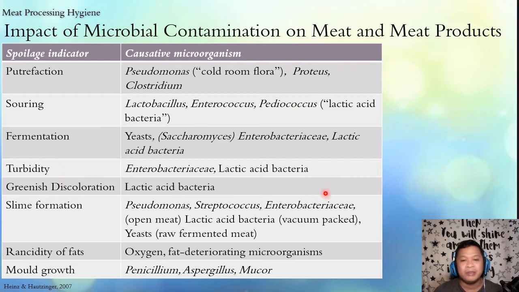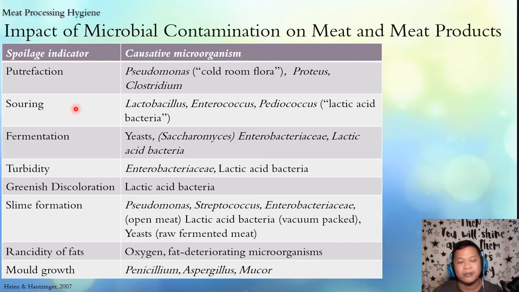Okay, so looking at the microorganisms responsible for most of these spoilage mediators, you can refer to this handy table. Of course, this is not the end all and be all, but generally, these are the ones involved. No? So, putrefaction, which is involved with protein breakdown, is commonly attributed to Pseudomonas and other cold room flora that grow at lower temperatures, as well as those from the Proteus and Clostridium genus.